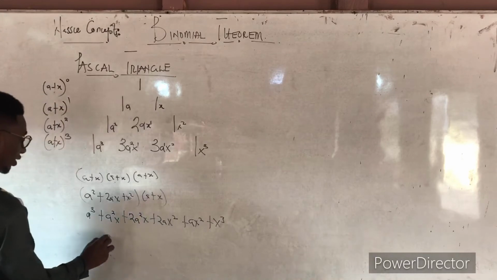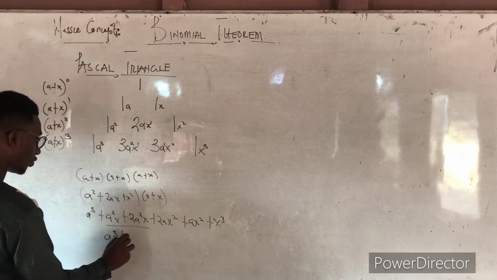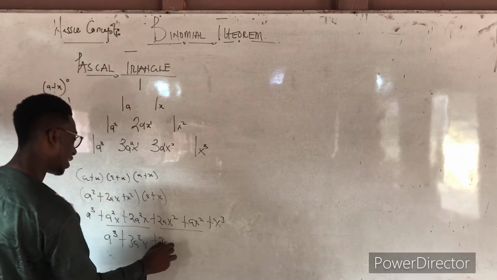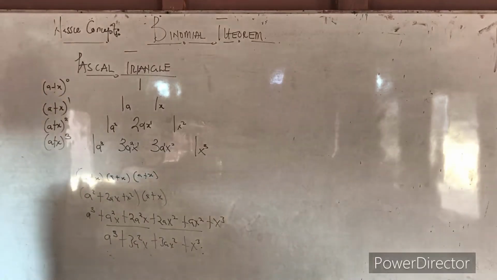So after that you are getting a cubed, plus 3a squared x, plus 3ax squared, plus x cubed. And that's the same thing you are getting here.